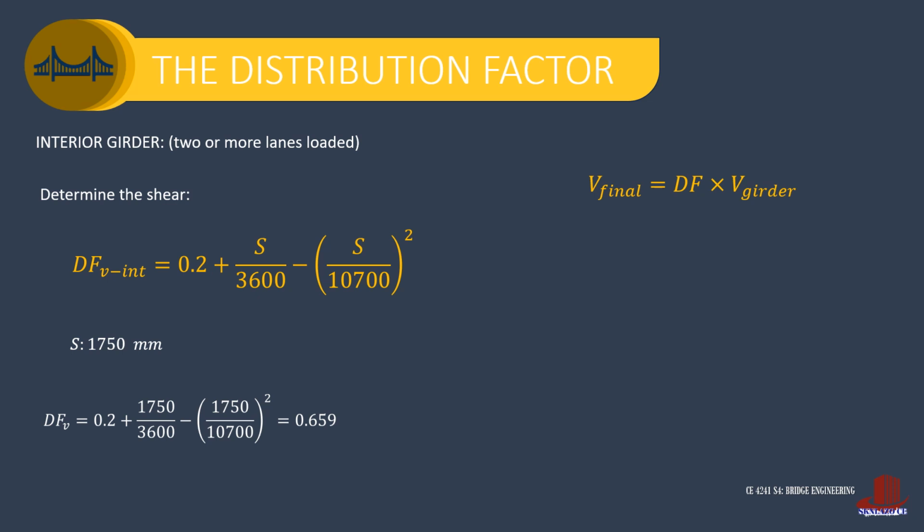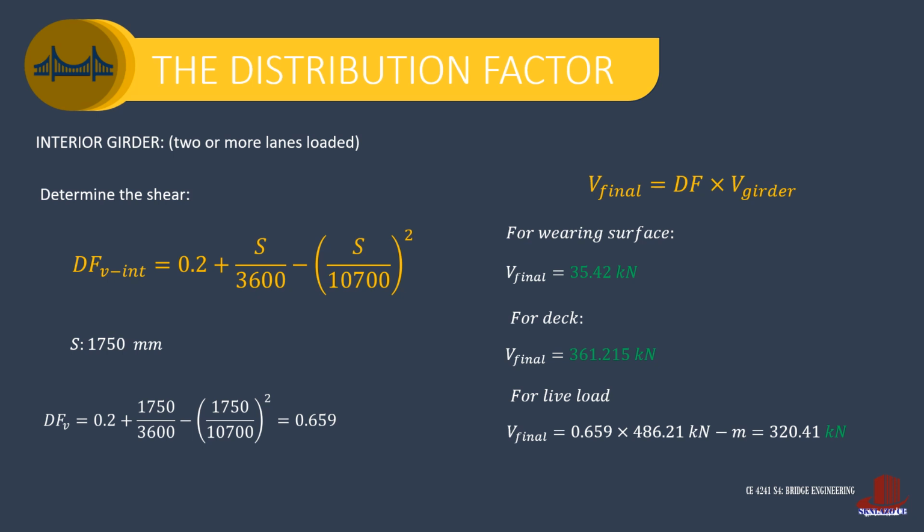The final shear for live load is then multiplied by this DF, but the shear for DW is 35.42 and for DC is 361.215 kilonewtons. The live load shear is reduced into 62.9% or that is 320.41 kilonewtons.